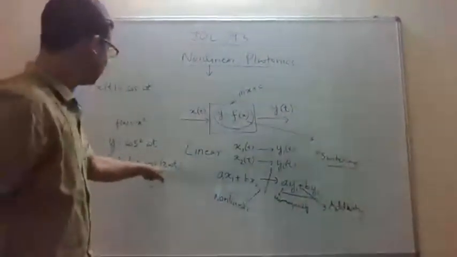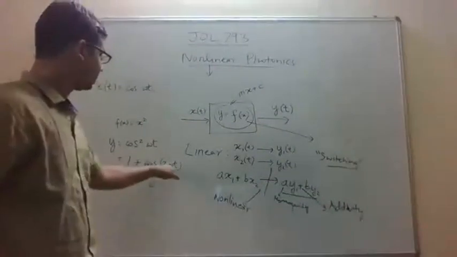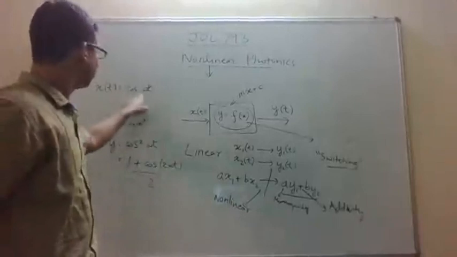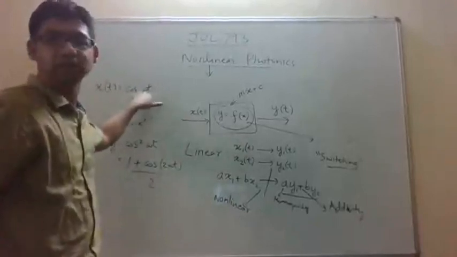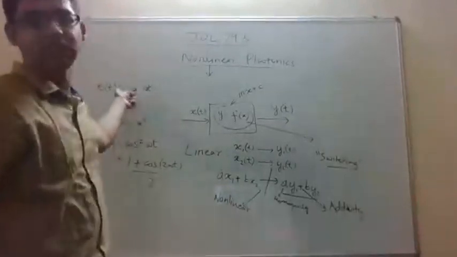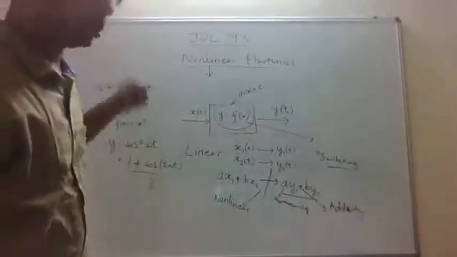So basically, you can see now that in the output I have a frequency which is 2 omega, while my input had only omega. So now my output can have frequencies which are not present in my input.